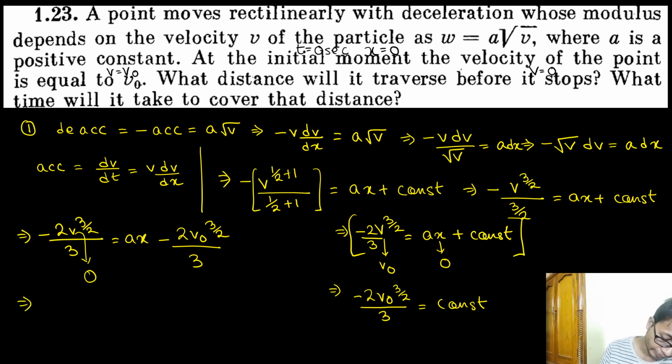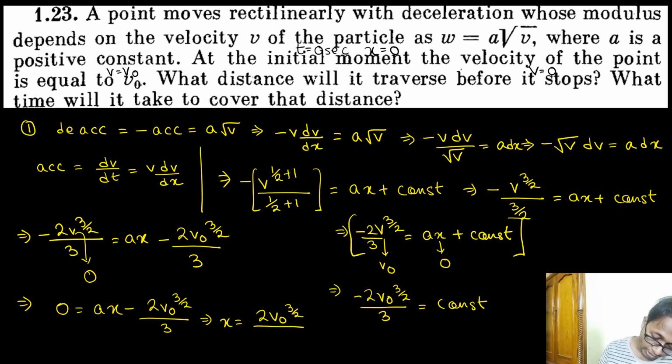So this entire term will become 0. 0 is equal to ax minus 2v naught to the power 3 by 2 by 3, or sorry, x, not a. x is equal to 2v naught to the power 3 by 2 divided by 3a. This is the value of x. All of you understood this one?